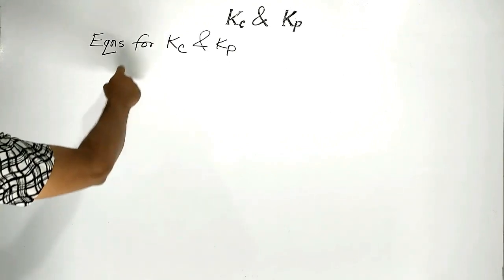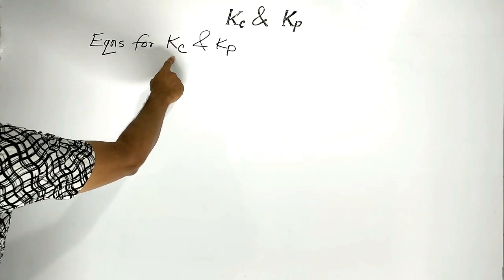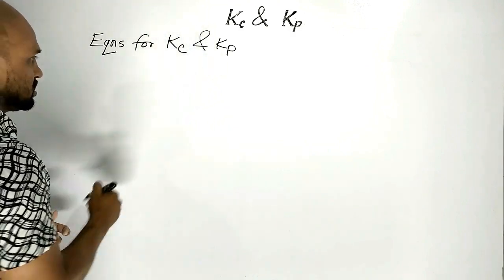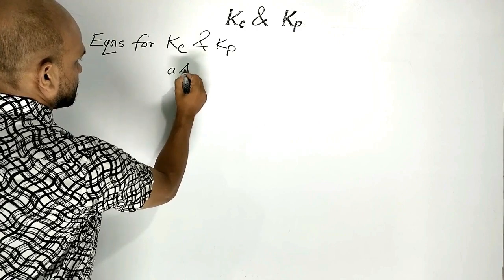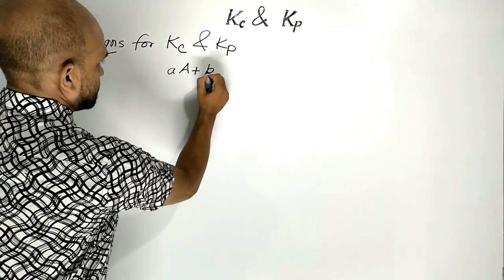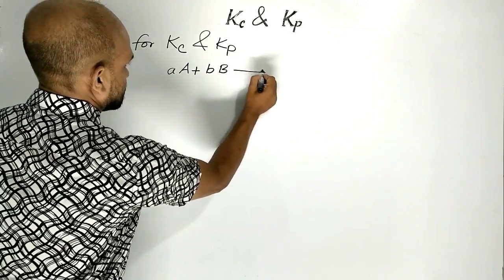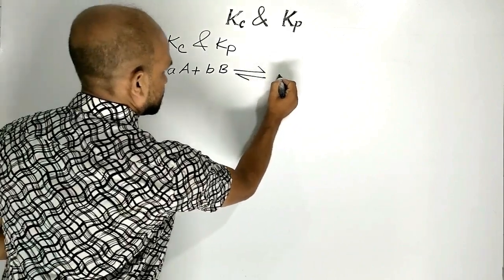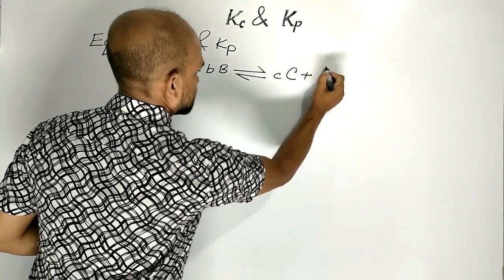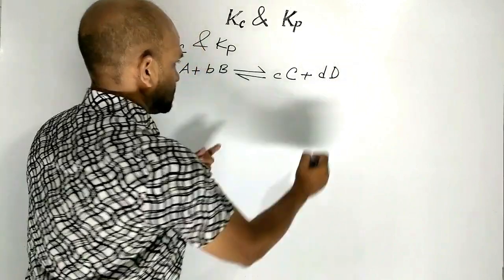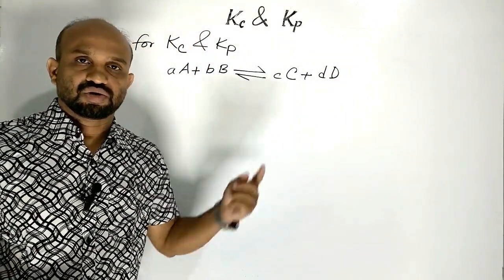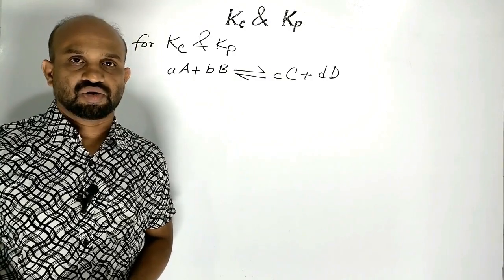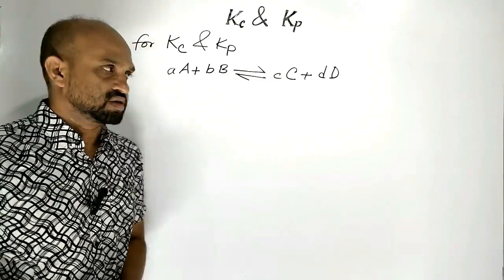Now let us see equations for Kc and Kp. Let us consider a reversible reaction. This is a reversible reaction, not irreversible reaction or not one-way reaction.